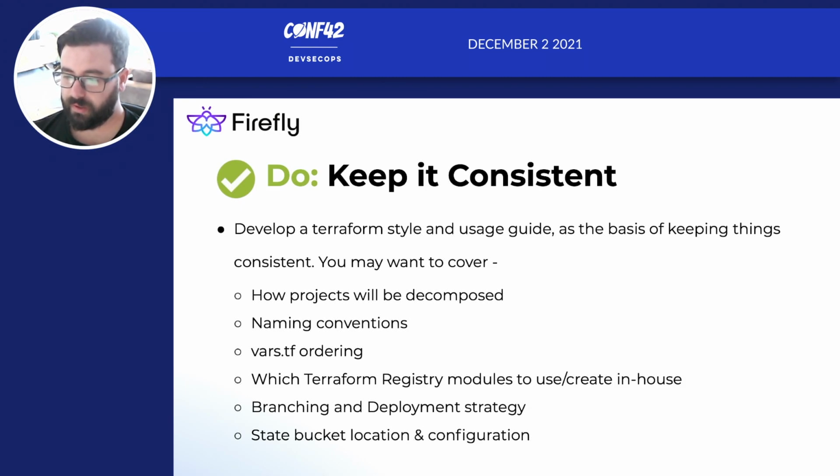And if you are inheriting resources from place to place, make sure that you are doing it in the right place. And also about the use of modules: you can use out-of-the-box modules that you can find in the Terraform registry, but you can create new ones.